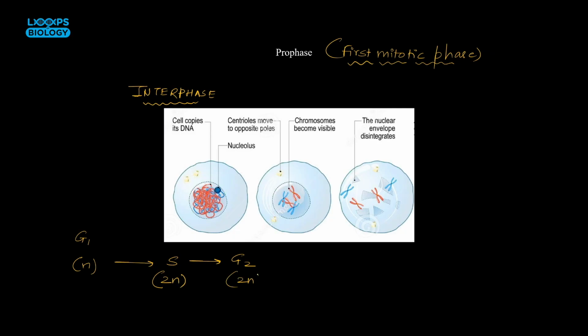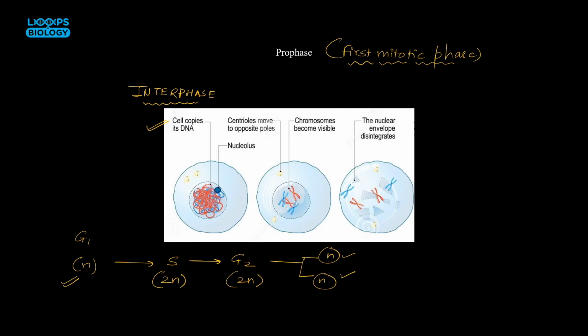This content is maintained as it is, and finally this is distributed inside two cells as n and n. So the parent was with the same number of chromosomes, and even the daughter cells are with the same number of chromosomes. So now this prophase is basically after the interphase. So already the DNA content has been doubled. So the cell copies its DNA content.